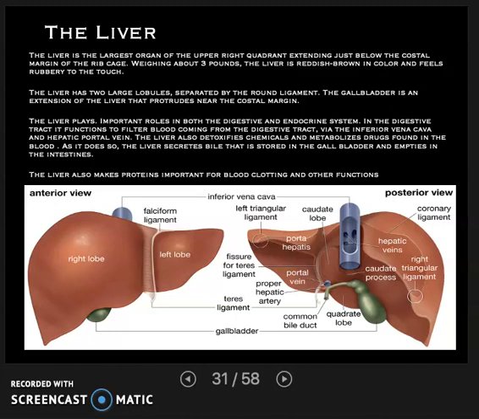And we've alluded to this idea of portal hypertension contributing to varicose veins in the esophagus. All right, let's take a look.